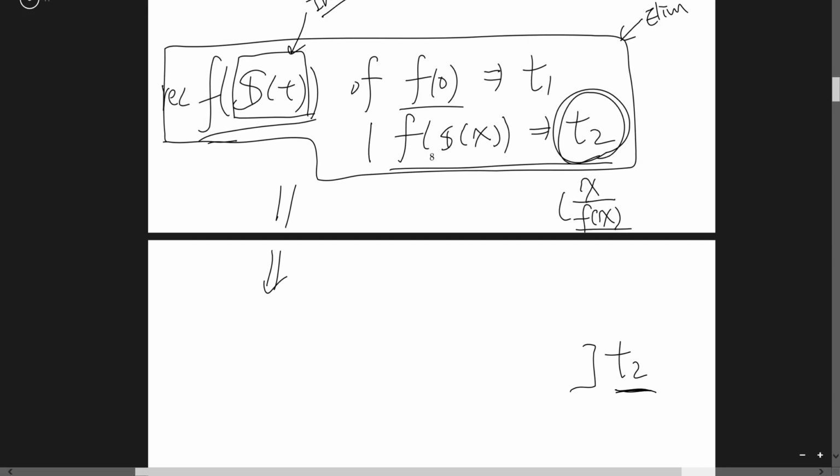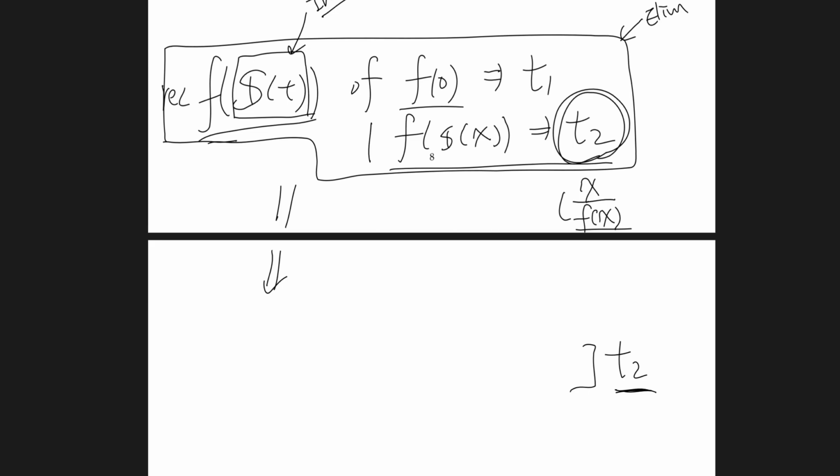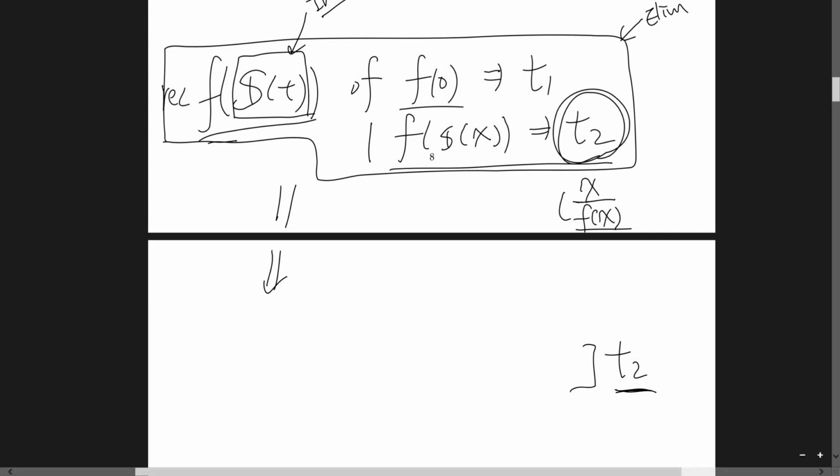And now you have to provide some way of replacing these two variables. And it's easy to replace x because x is going to be basically term t. And what about f of x?